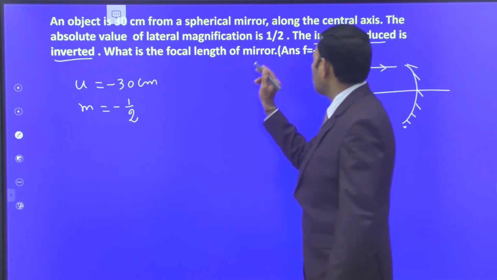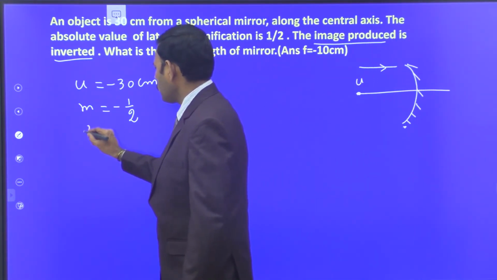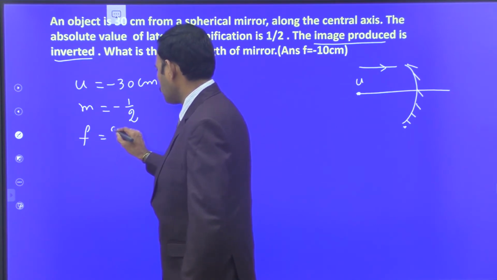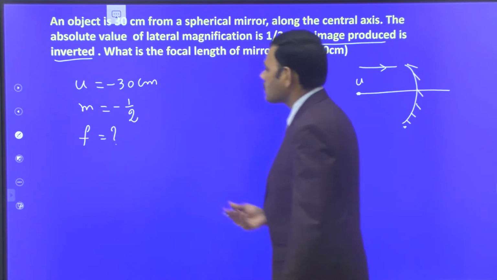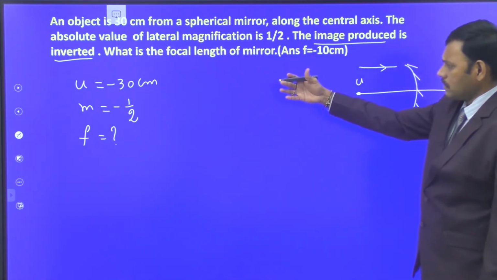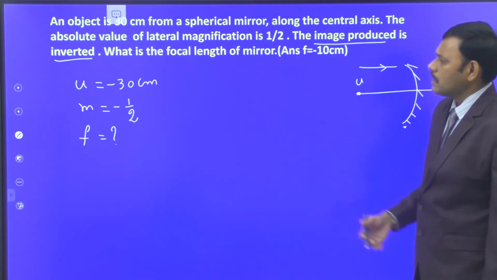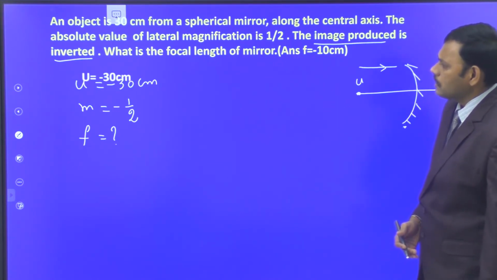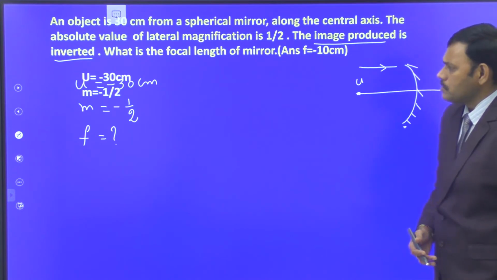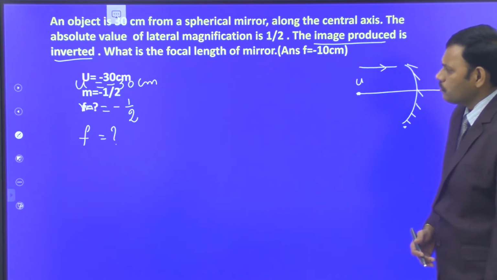Then what is the focal length of the mirror? We have to find out the focal length of the mirror. That is the question. So let us have the same data. I represent the same data in animation. So u is minus 30 and m is minus 1/2. And what about the focal length?